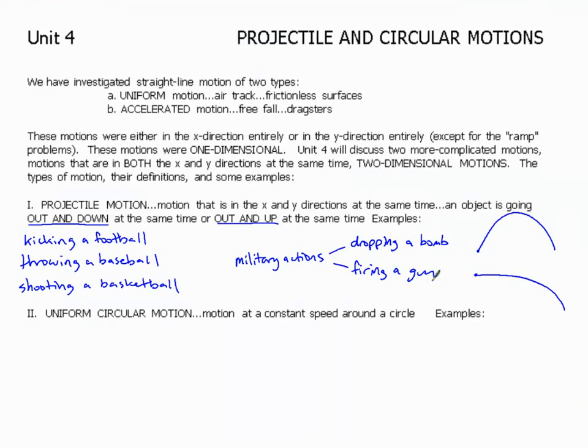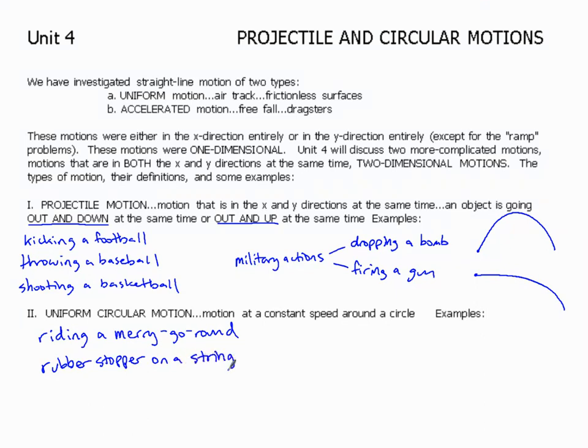Then we have uniform circular motion. This is things that are in motion at a constant speed going around a circle. Things like riding a merry-go-round, or if you tied a rubber stopper on a string.